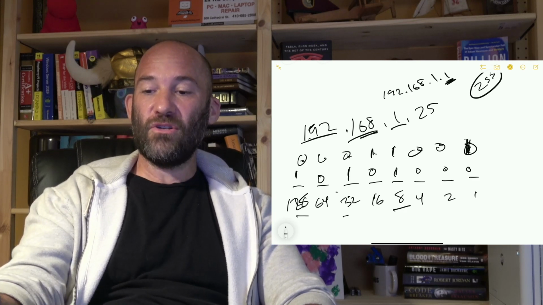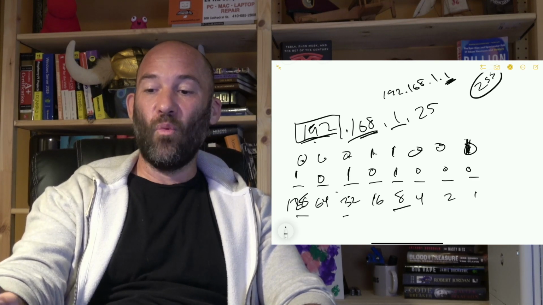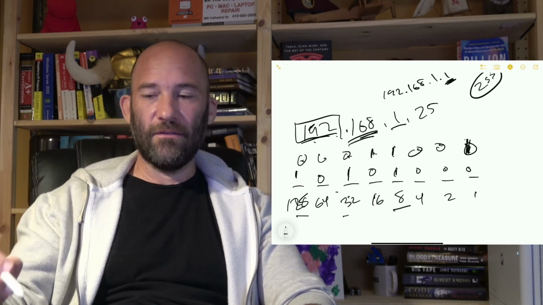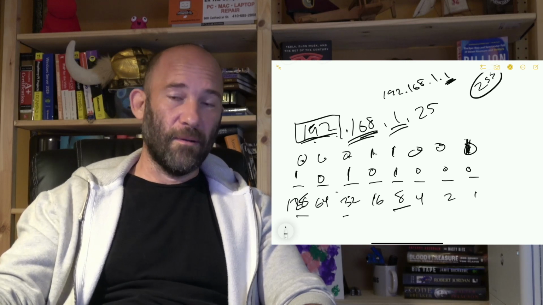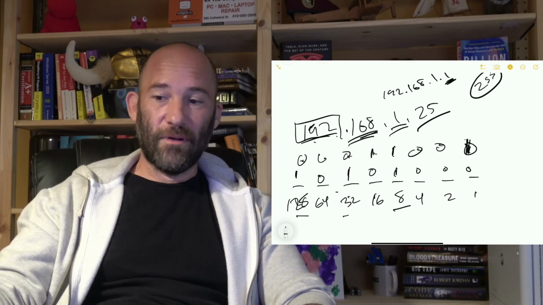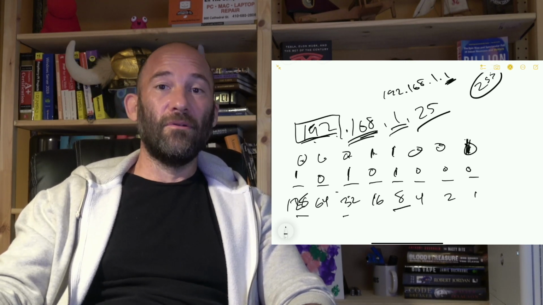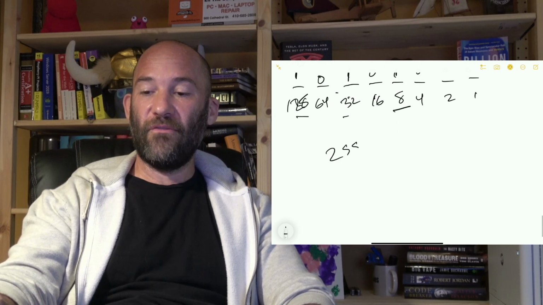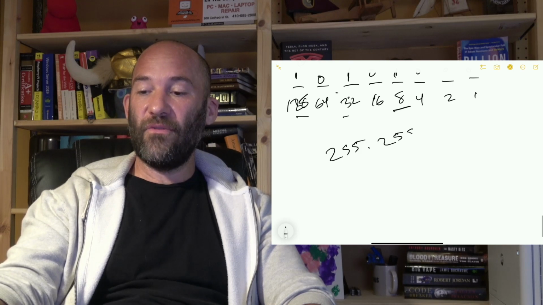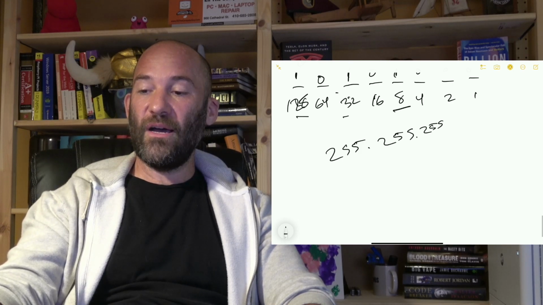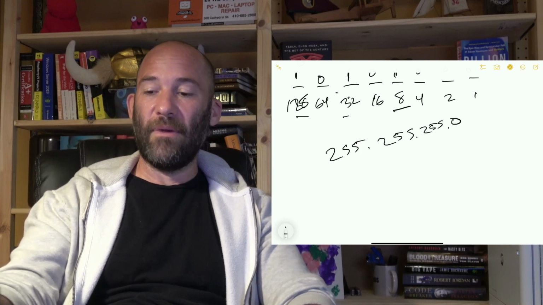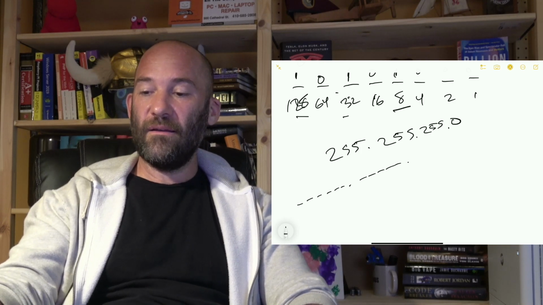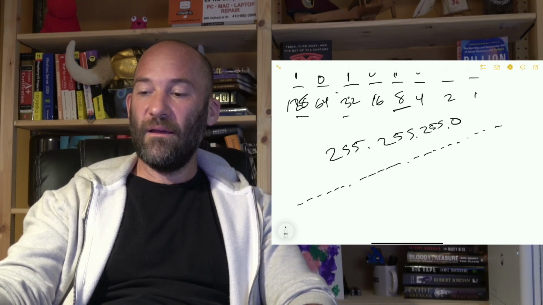Each one of these numbers is represented by an octet: 192, 168, 1, and 25. The same is true with the subnet mask 255.255.255.0. There are actually octets here, so 8, 8, 8, 8.